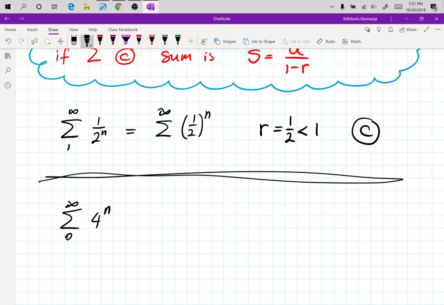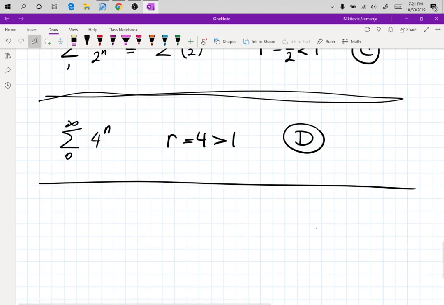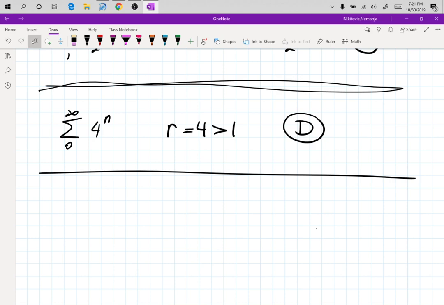Okay, how much? Right? Because yes, I'm not joking, guys. This is how easy this is if you know the bubble. R is 4, bigger than 1, diverge, move to the next problem. That's all it is. Learn the bubble.